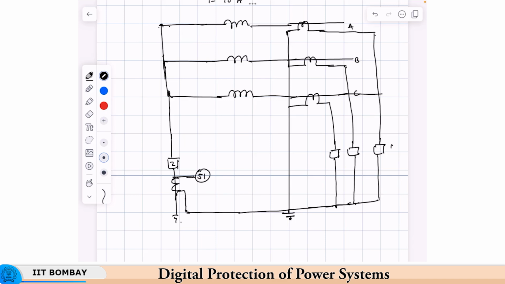So, 50 or 51 as may be, phase relays. Okay, and now this is connected in a sort of a differential connection.